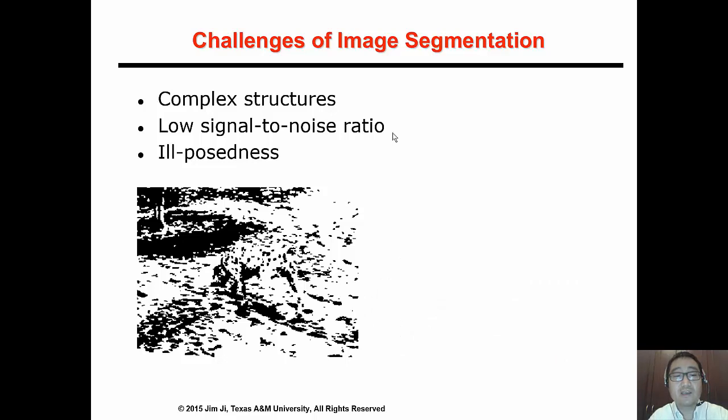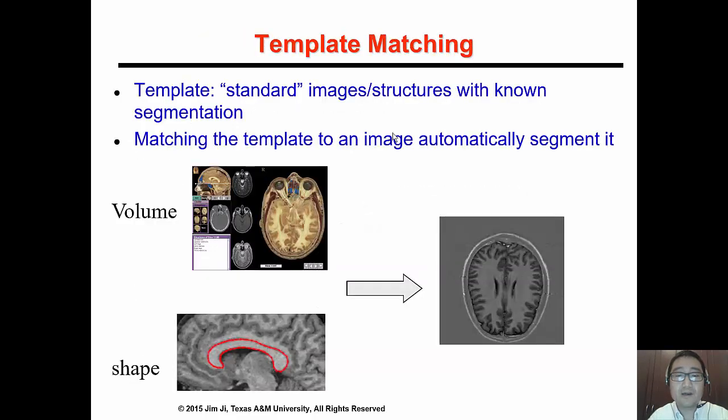Use your hand. It becomes a much easier job because now you have prior knowledge of where that dog is. But without that prior knowledge, this problem is ill-posed because there may be many different solutions. And that prior knowledge can be applied to assist the segmentation.